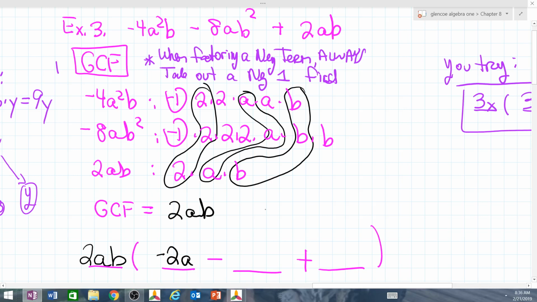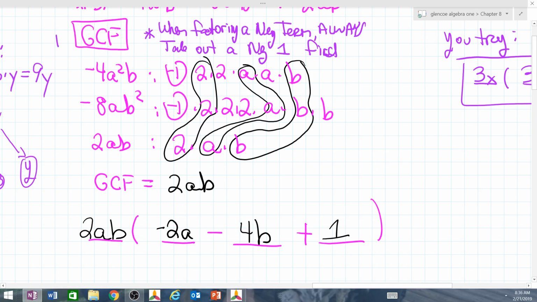Negative 4b. Okay, so there's already a minus sign here, so you're not going to go minus a negative. You're just going to leave the subtraction sign, minus 4b. And the last term, there are no leftovers, and we already established the fact that when all the leftovers are gone, what do we put? A plus 1.